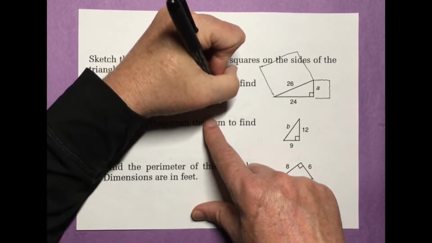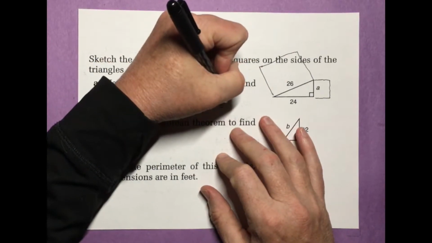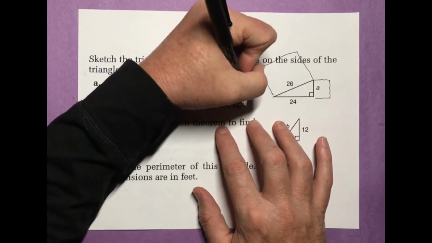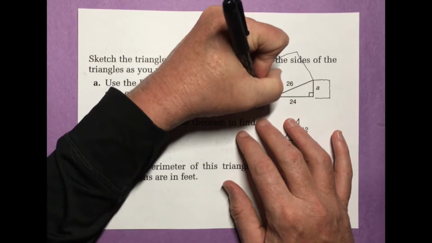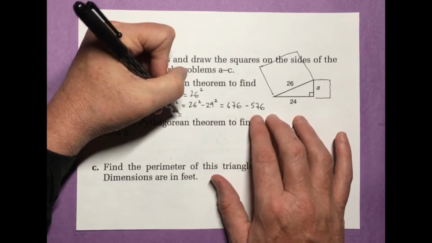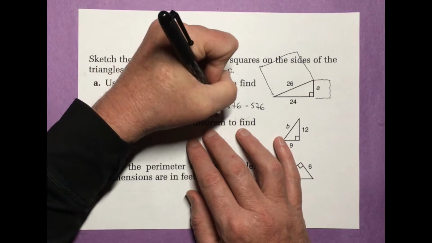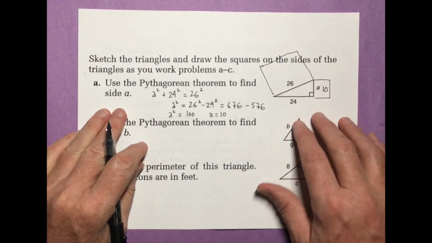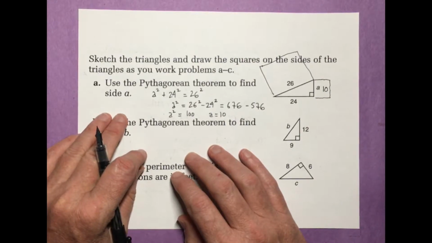And if memory serves, 26 squared is 676. 24 squared is 576. So that means that A squared is equal to 676 minus 576, which is 100, which means A is equal to the square root of 100, or 10. So A here equals 10. So there's another one of your Pythagorean triples right there: 10, 24, 26. Lovely.